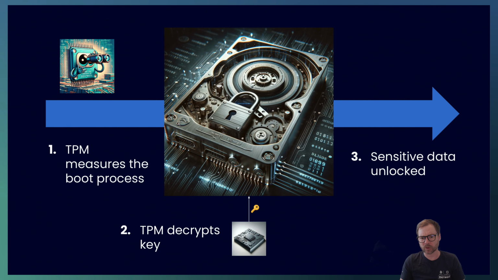Let's zoom in a little bit on this measurement technology. So first of all, the TPM receives measurements of every stage of the boot process as the device boots. That includes noticing whether or not it was running a signed image, something from the secure boot side of the solution.